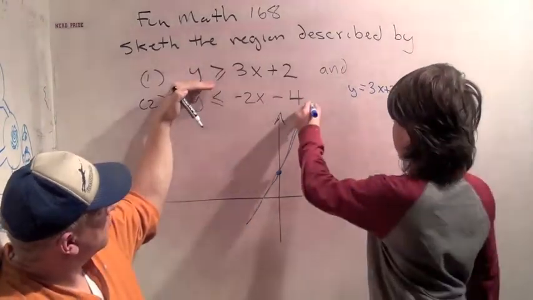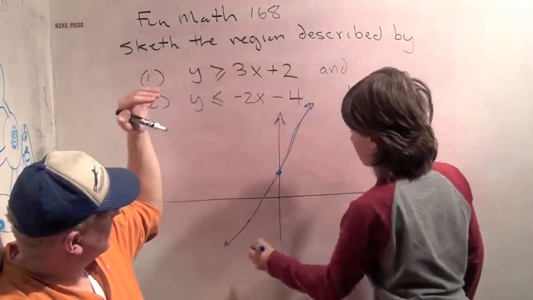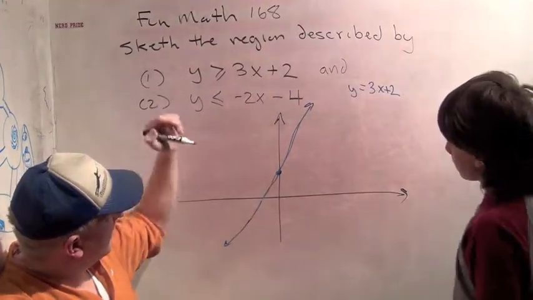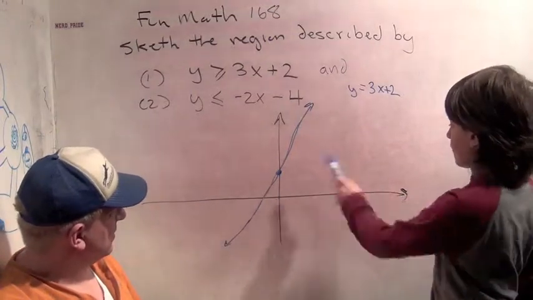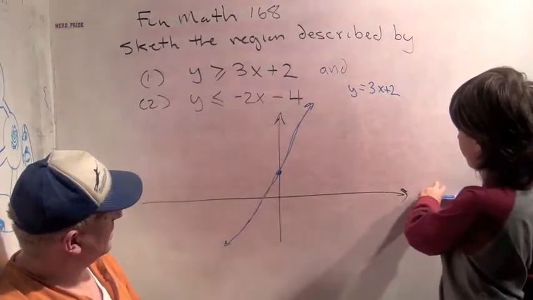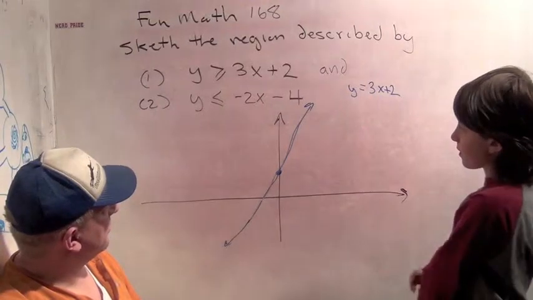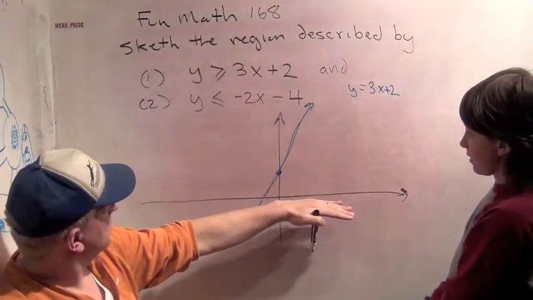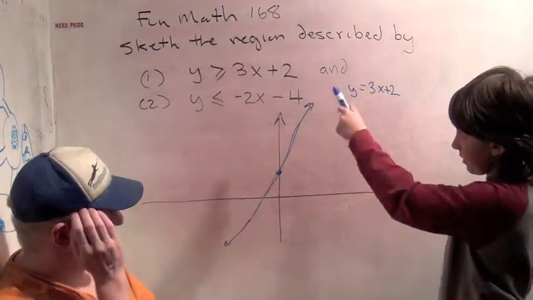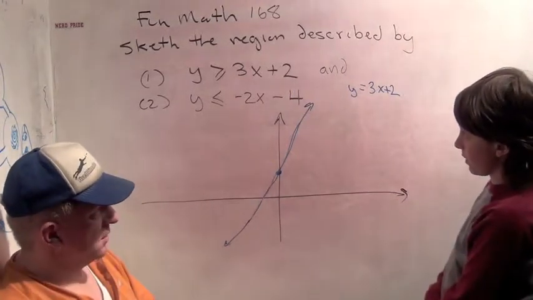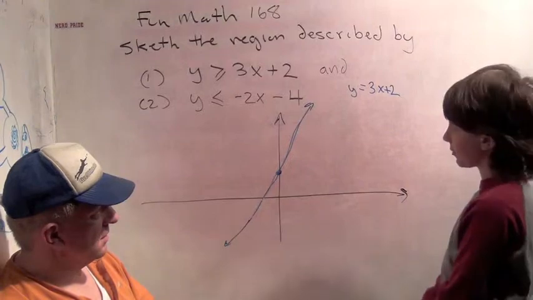And now y has to be greater than 3x plus 2. So we have to figure out, are we going to shade up or are we going to shade down? Well, when x is really big, like a million, and y is 0, is that greater than? When x is a million and y is 0, it's not greater than, it's not equal to.